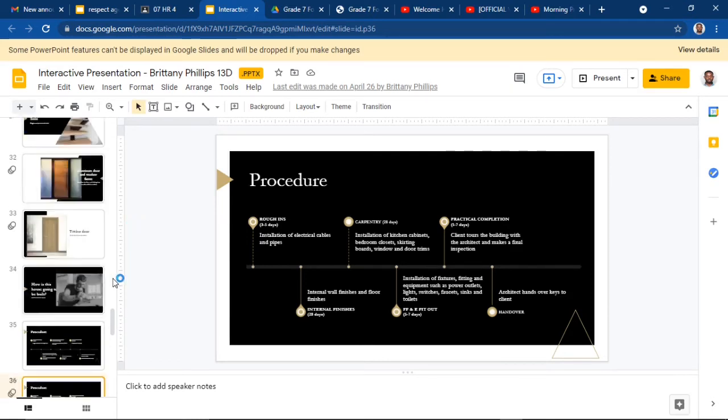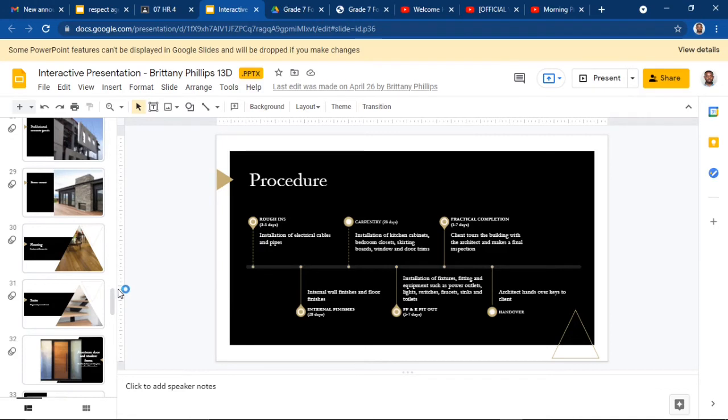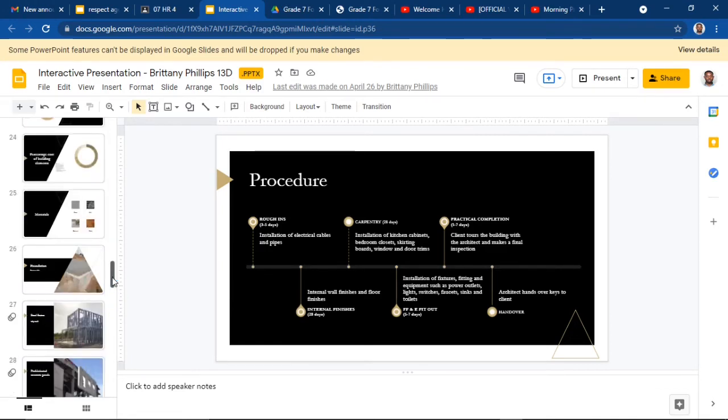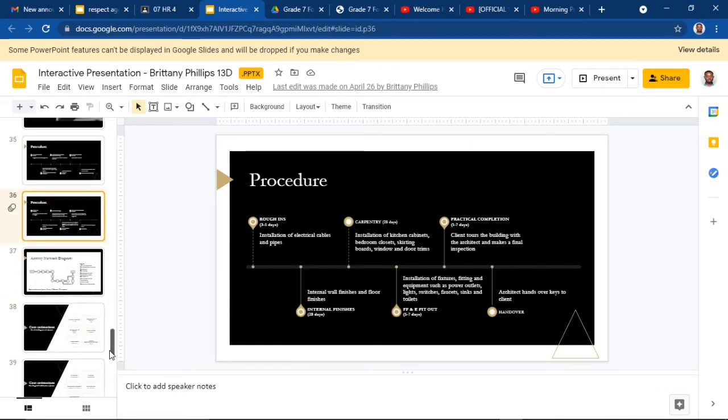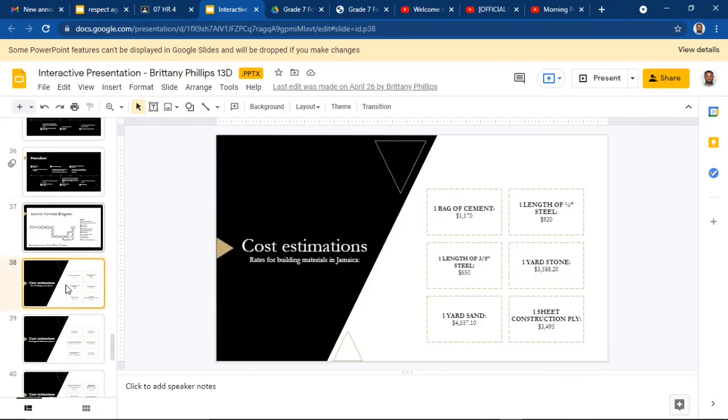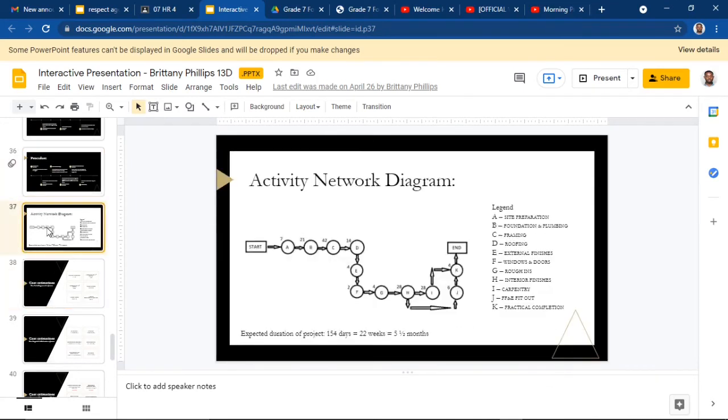And then there's a little formula for the activity network diagram that shows and calculates everything, and you'll know how long it will take to complete the entire project based on how long each thing takes. So right here, this is the activity network diagram. It shows where it starts. You have your different sequences, what happens before what, and so on.